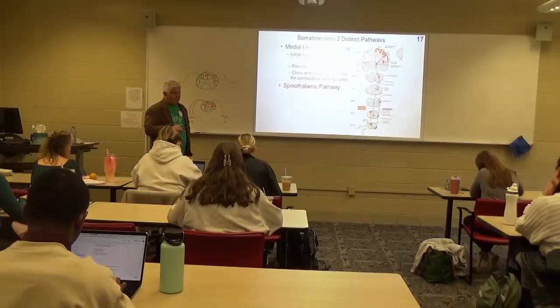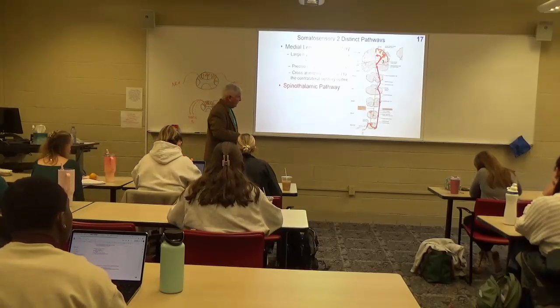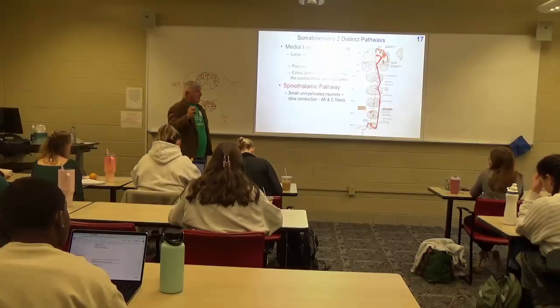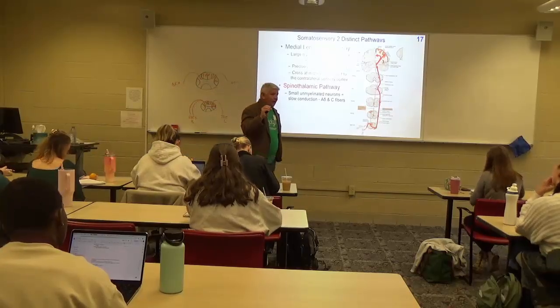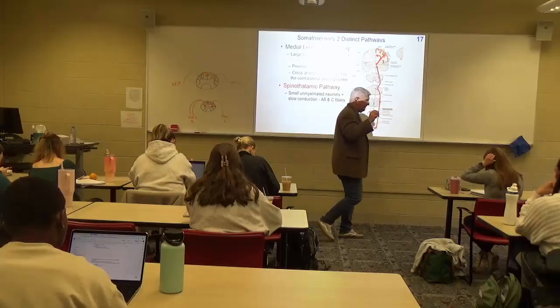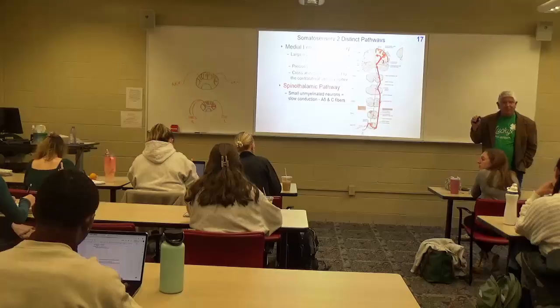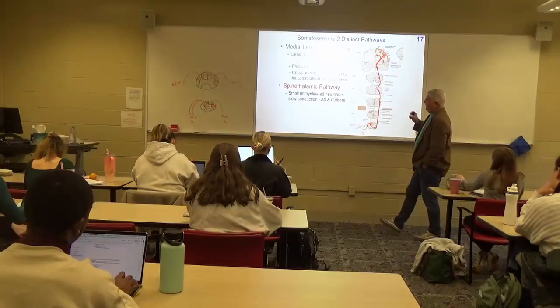The spinothalamic pathway, or the anterior lateral pathway, has a couple of names, same thing, right? These can have smaller unmyelinated fibers called A delta and C fibers. We'll talk more about them on Thursday when we talk about the pain system. They're slower conducting.